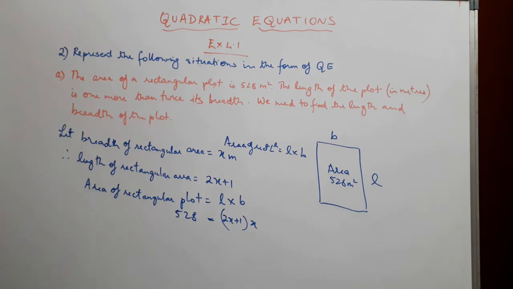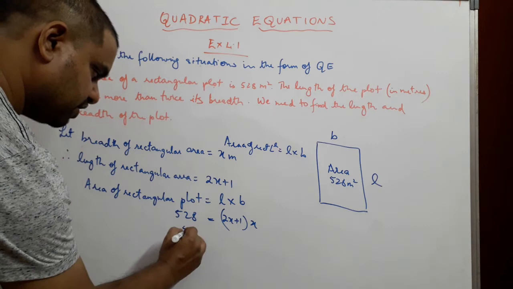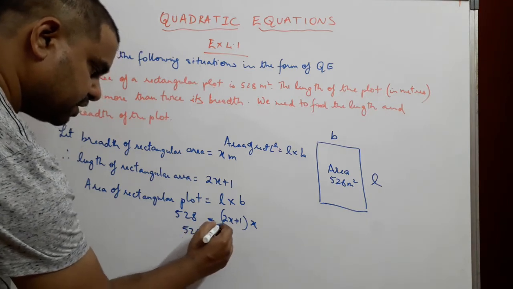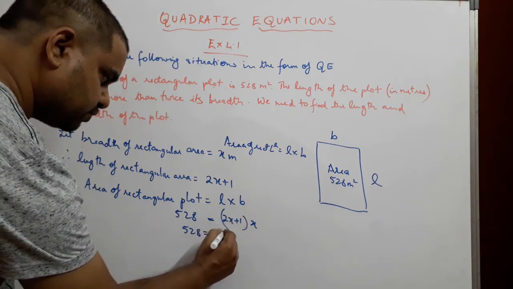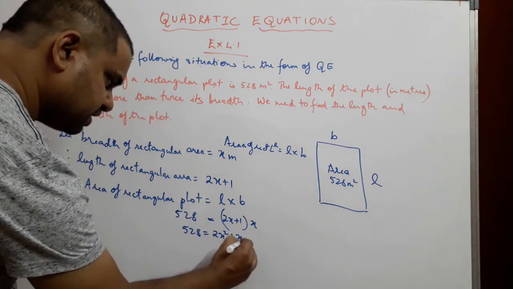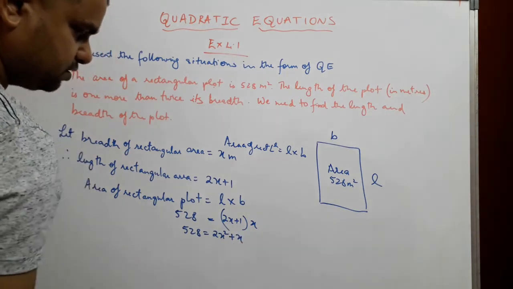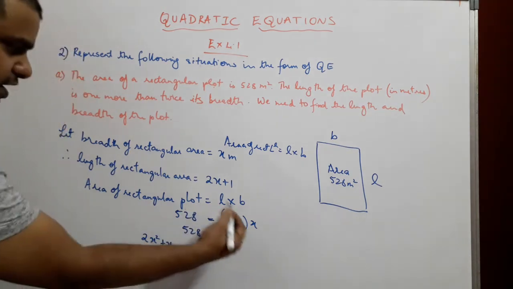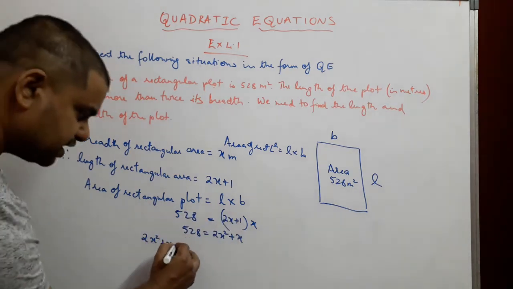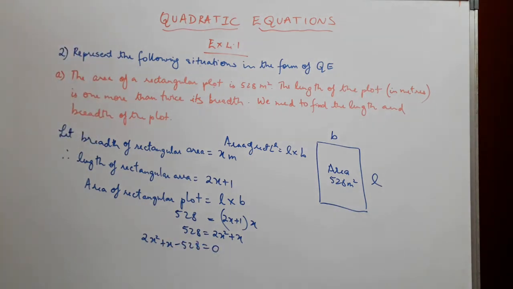So now we just need to expand this and keep 528 the way it is. x into 2x gives us 2x square, x into plus 1 will give us x. Now we'll take 528 on the other side, and it becomes negative, so we get 2x square plus x minus 528 equal to 0, and that is the equation that we need to find out.